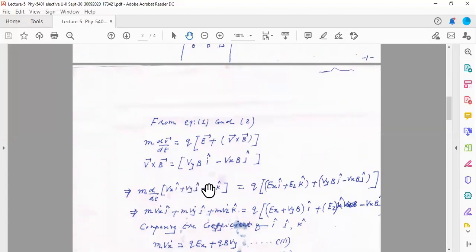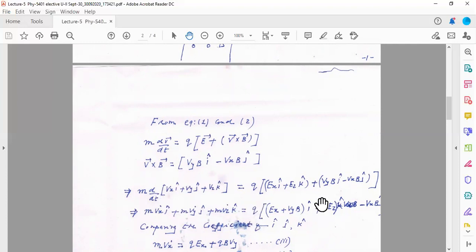Now you can see this expression, so I simplify it. This is the time derivative of the Vx component, so it is m Vx dot i, the time derivative of the y component, so it is m Vy dot j, and the time derivative of the z component, so it is m Vz dot k. Vx dot is the time derivative of the x component, which is known to you.